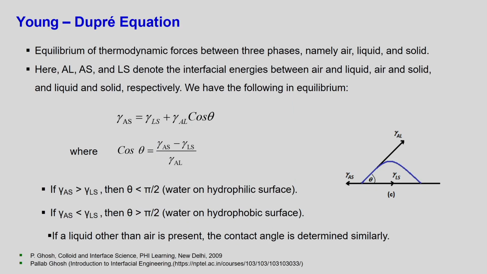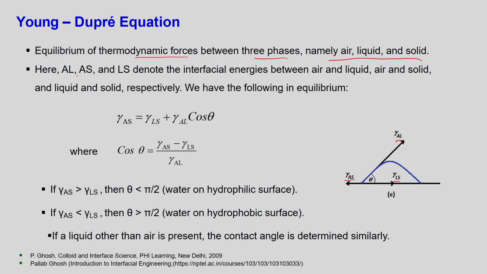Based on the earlier expression which I was discussing, with the air-solid, liquid-solid and air-liquid surface tensions, you do a force balance. At equilibrium, the thermodynamic forces between the three phases, namely air, liquid and solid, are balanced. Suppose the drop is on the surface; the air, liquid and solid are at equilibrium, so the energies and associated forces are also balanced.